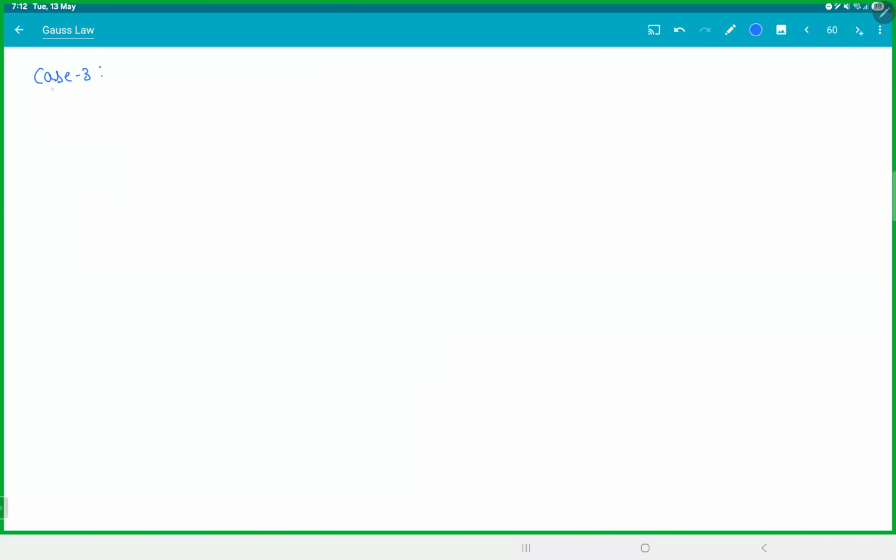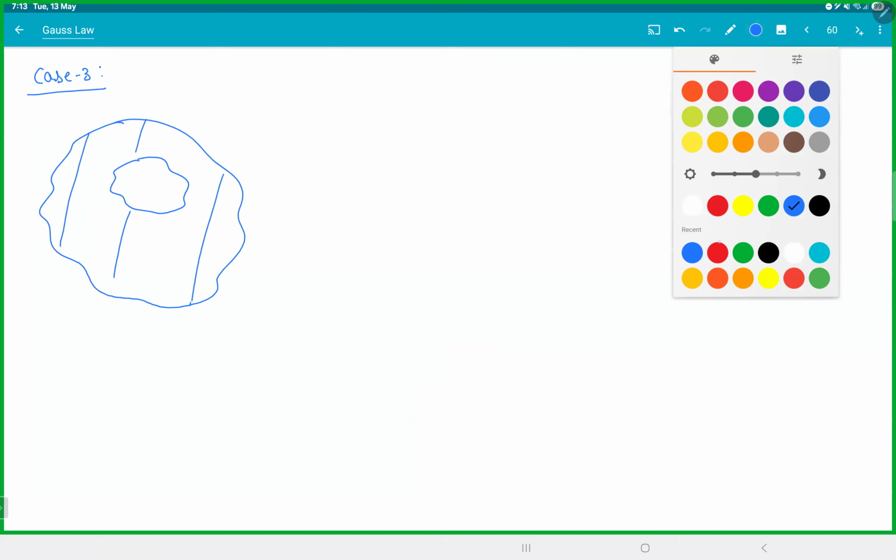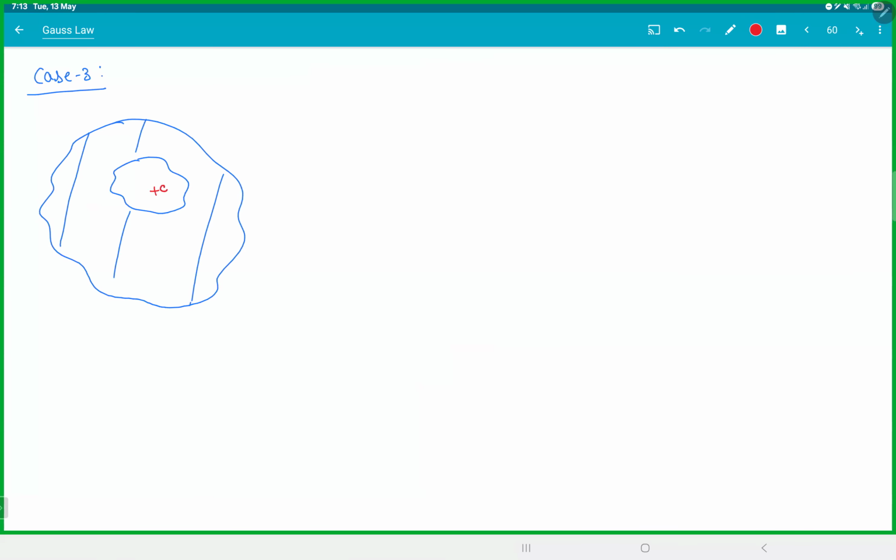So I have divided this all into cases. As long as you know the cases, things will fall in place. So if you take a conductor and take any random cavity inside, and let's say you kept a charge q inside. This is a neutral conductor with a cavity.